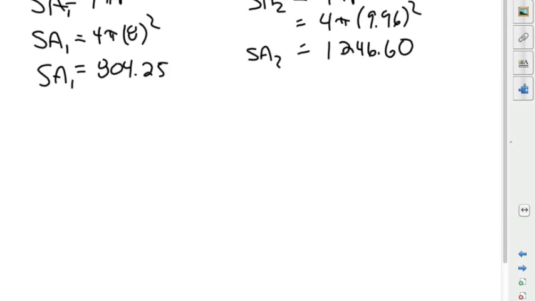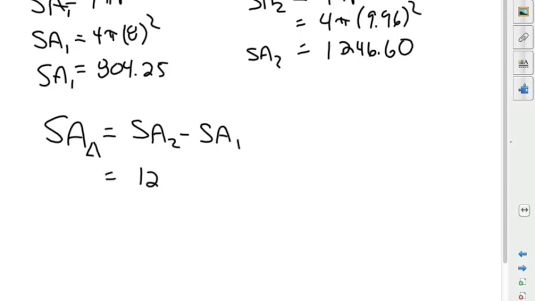All right. So the total surface area change is delta. You guys remember that symbol? Delta. So the change of surface area is surface area 2 minus surface area 1, which is 1246.6 minus 804.25.